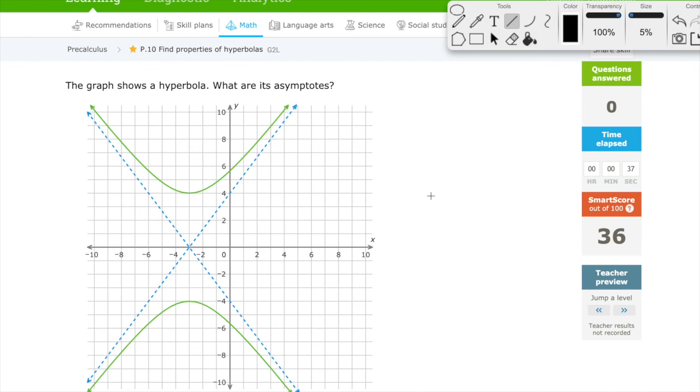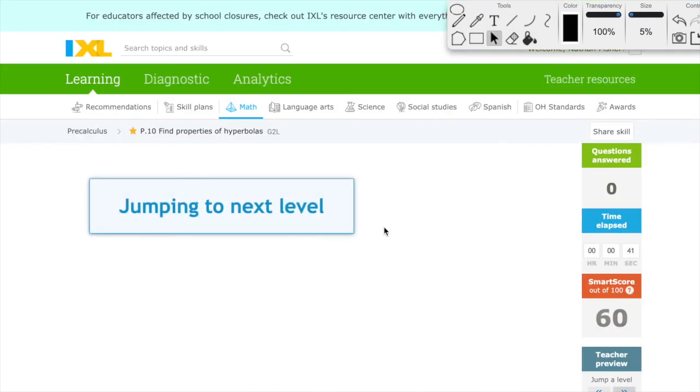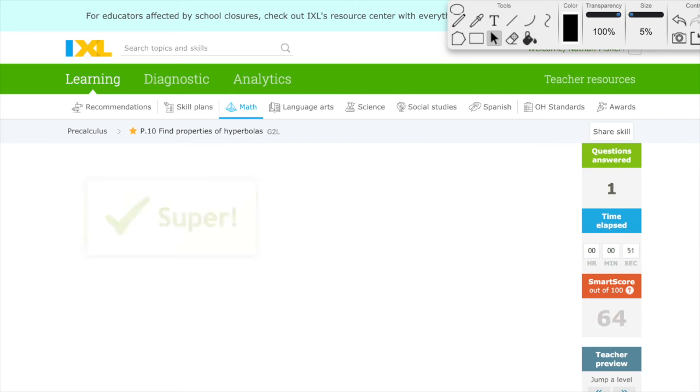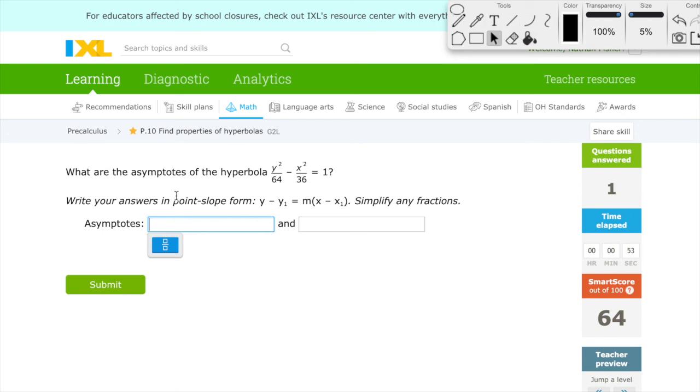Okay, that's something we talked about. I just want to make sure I didn't miss anything. The center, okay, doesn't get shifted at all. 0, 0. And the asymptotes we just covered. Okay, so I think we've touched on everything.